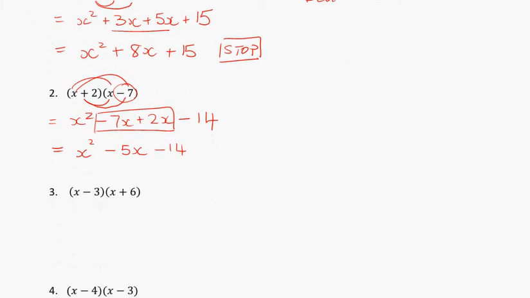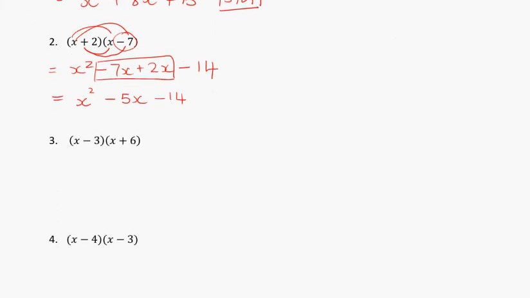Then look at the next one. x times x is x squared. x times plus 6 is plus 6x. Now you're multiplying by minus 3, because that sign belongs to that number on its right. Minus 3x, and minus 3 times plus 6, the signs are different, so you end up with a negative. 3 6s are 18.